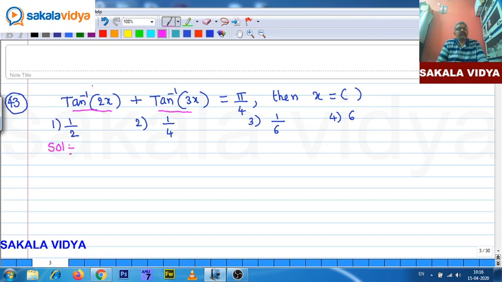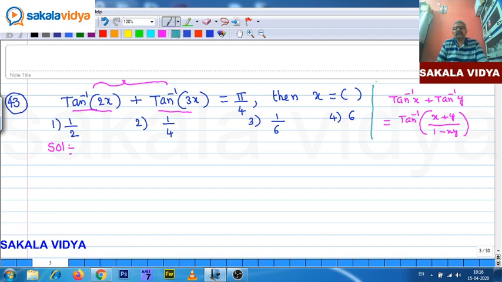So this can be written using the formula tan inverse x plus tan inverse y equals tan inverse of x plus y upon 1 minus xy. So this we need to remember.